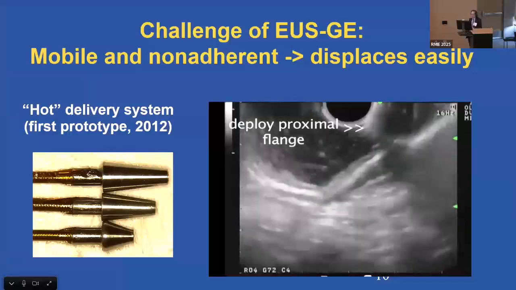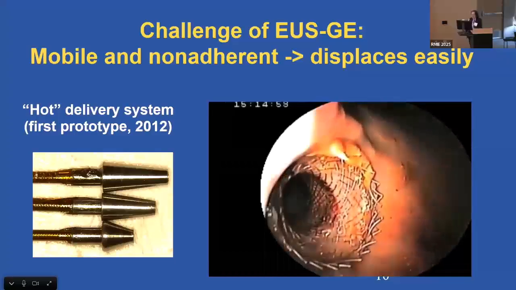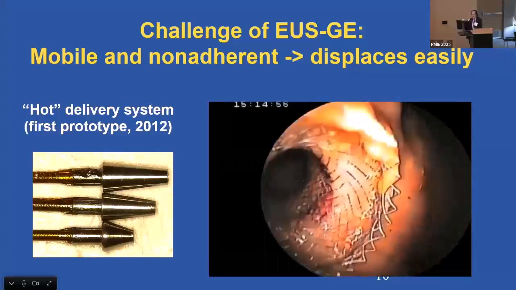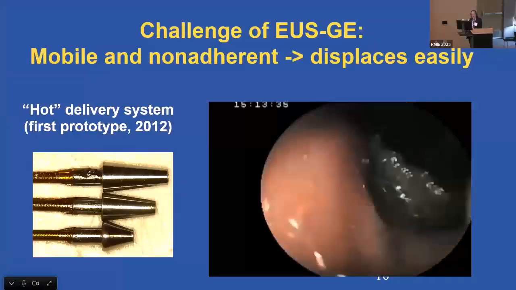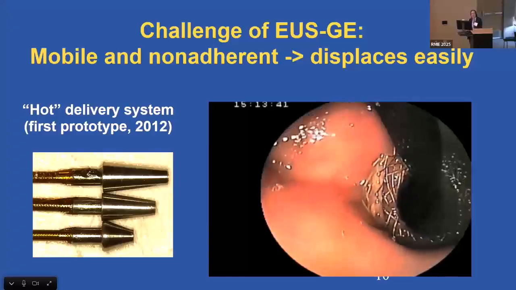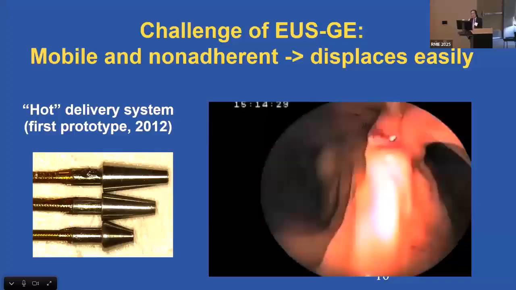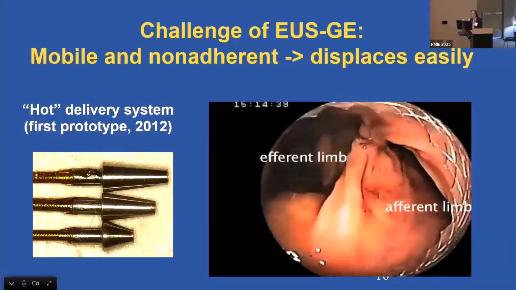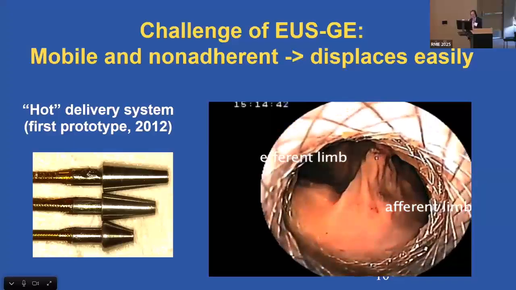This is an old video, obviously, from 2012. And this is how it looked in the pig model. Again, it's hard for you to feel the excitement that I felt back then because you've seen this now so many times at all the meetings. It's disseminated. But this was truly incredible to be able to see the afferent and efferent limbs that we had created endoscopically.